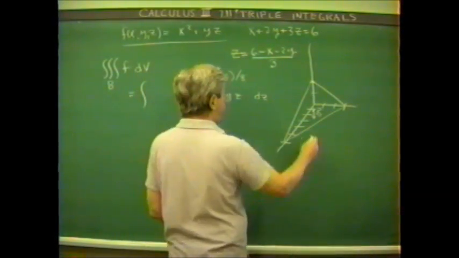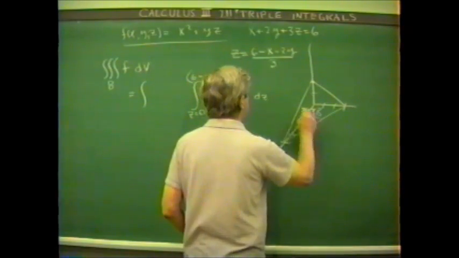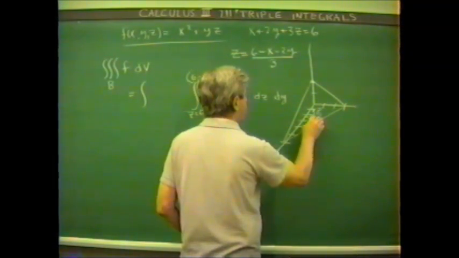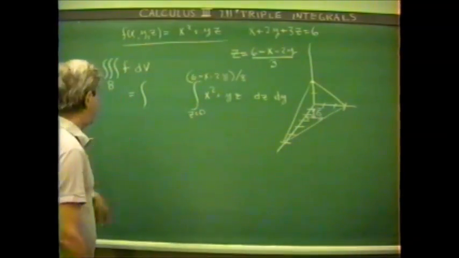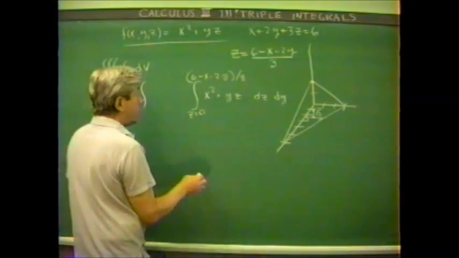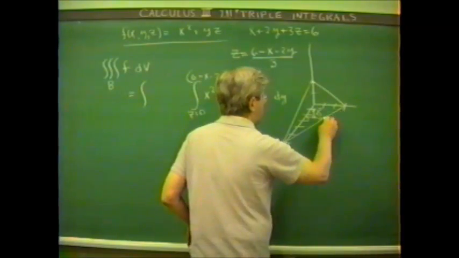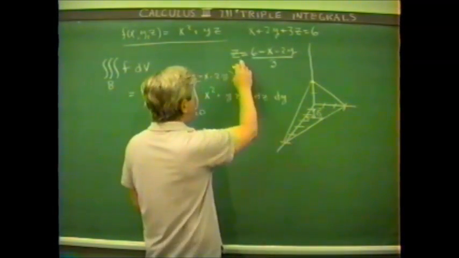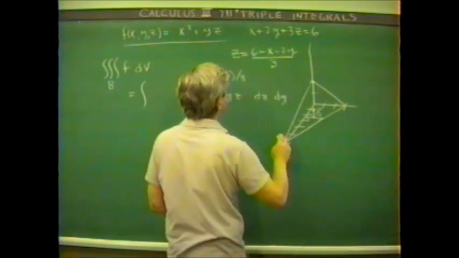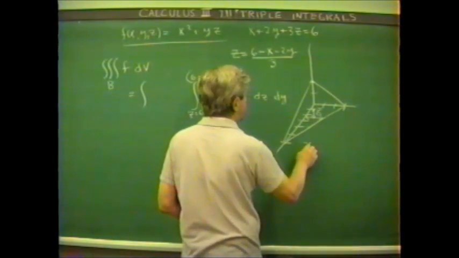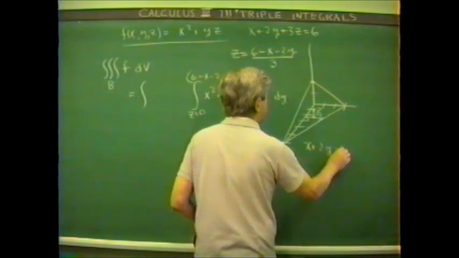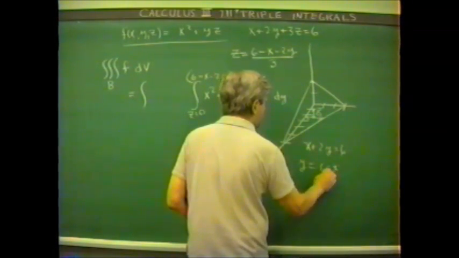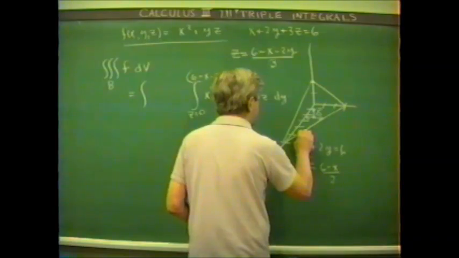And then next we wish to, let's say, fix x and integrate with respect to y. So we're going to want to integrate from this side here to that. Let's just say we're going to want to integrate from 0 to the equation of this line. Well, when z is equal to 0 here, we get this line x plus 2y equals 6, or y is equal to 6 minus x over 2 is the equation of that line.